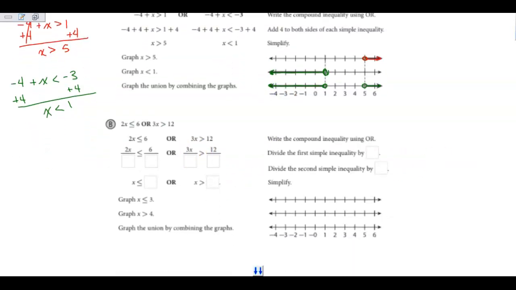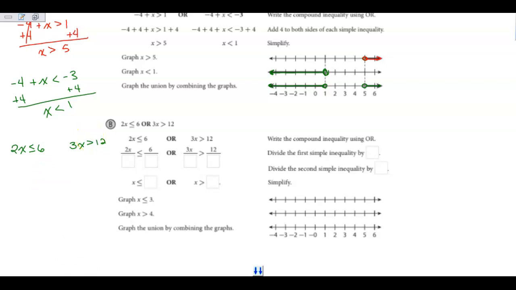On example B, we have 2x is less than or equal to 6. Oops, forgot my x. 2x is less than 6. And then we also have 3x is greater than 12.